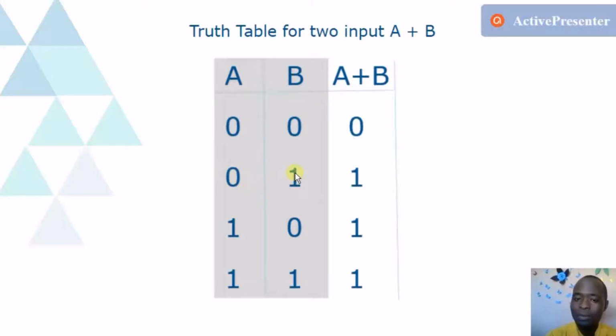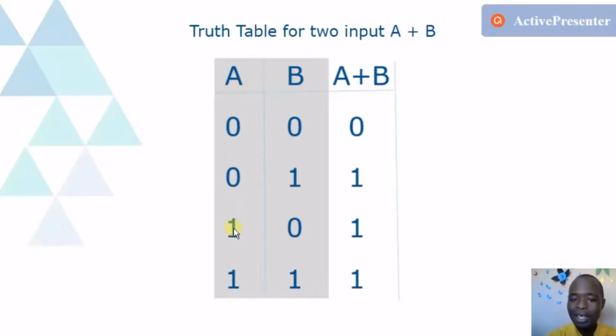Either one of A or B being true makes the output true. Here we have 1 because B is true, even though A is false.